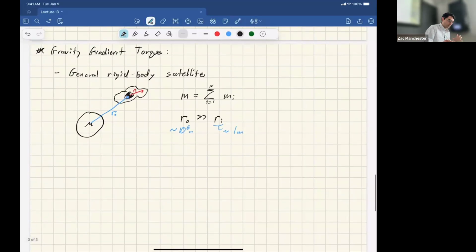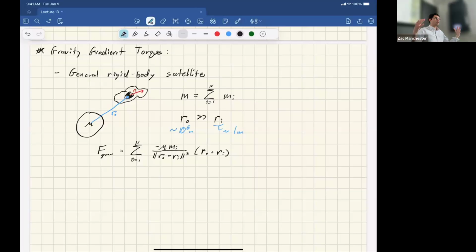Now if we write down the force due to gravity on this thing, we're going to sum over all the little mass specks in the satellite. It's 1 over r squared, so it's minus mu times m_i for each little mass, over the distance from the center of the Earth to each mass, which is R naught plus r_i, cubed, times the vector over here.